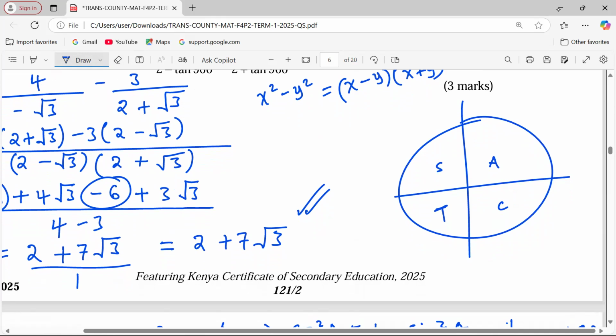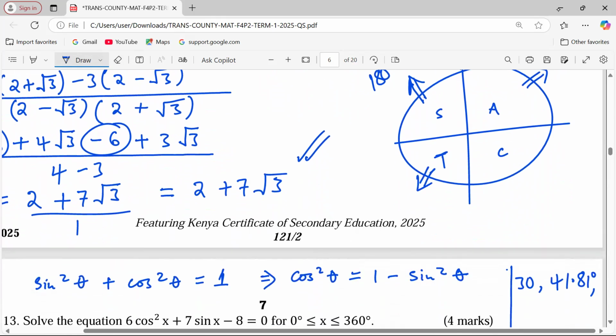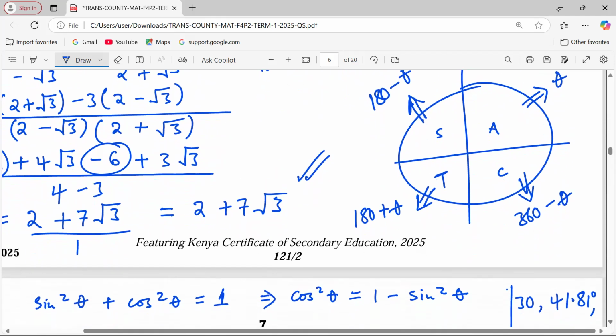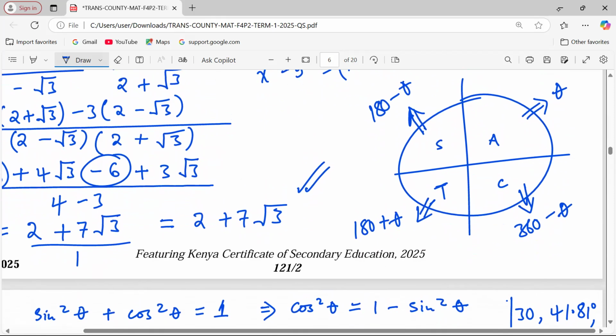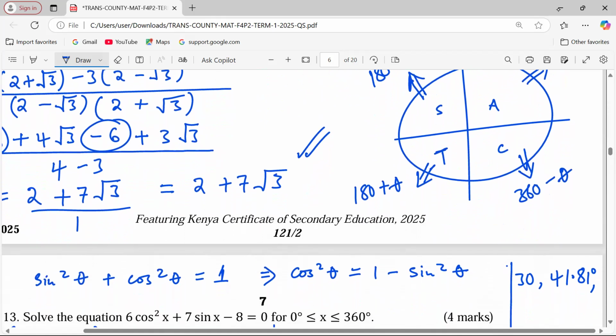Therefore, here we have the acute angle beta, but for us to get the equivalent angle in the second quadrant, we take 180 minus beta. In case we wanted the angle in the third quadrant, the angle would be gotten by 180 plus theta. The equivalent angle in the last should be 360 minus theta. Now that we have theta and their two values, the equivalent angles in the second quadrant will be 180 minus 30, then 180 minus 41.81.